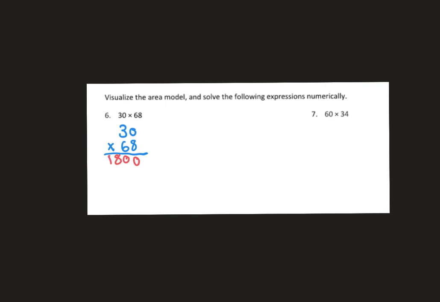So now we have 30 times 8, which we did in the previous problem, which gives us 240. Now we have to add. So we get 0, 4, 8 plus 2 is 10, so we have to bring up a 1, 2,040.